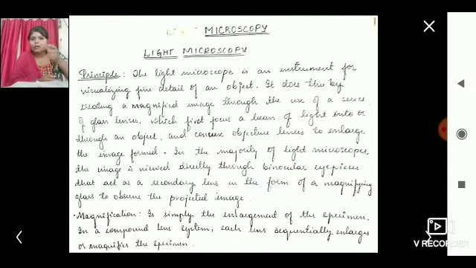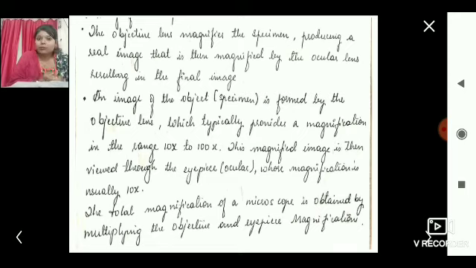So if one lens is magnifying, the other is connected with it and multiplies the magnification. I'll tell you in detail now. The objective lens magnifies the specimen, producing a real image that is then magnified by the ocular lens, resulting in the final image. Now you got it.